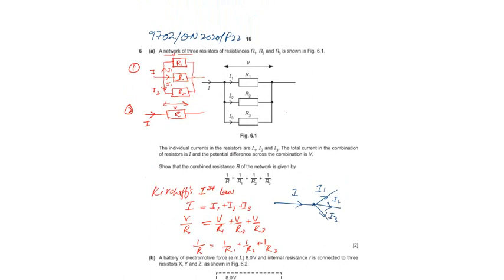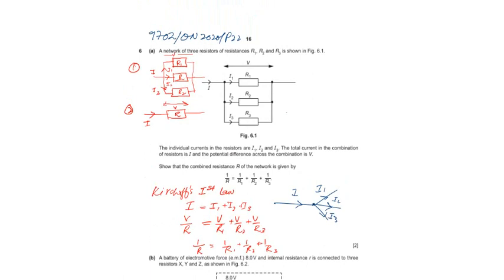So this is a straightforward Kirchhoff's first law. It says at a junction, the current flowing into this point will equal the sum of all current passing out of this point. So the total current I is distributing to I1 plus I2 plus I3.